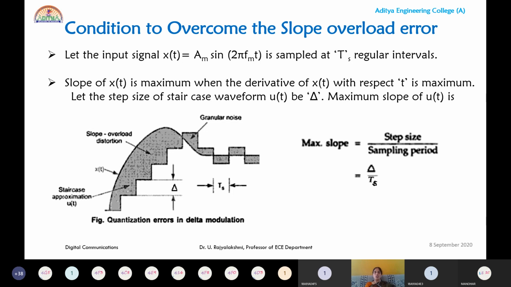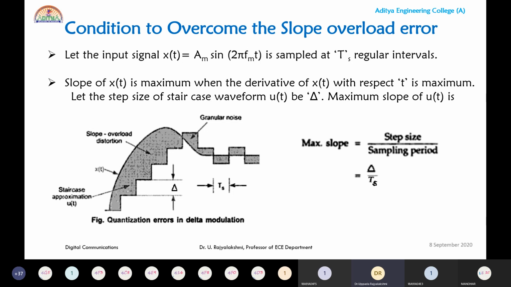Delta modulation generates the staircase waveform, as we already discussed. Let us take x of t as Am sin 2 pi fm t, and assume that it is sampled at regular Ts intervals. So what is the slope of x of t?